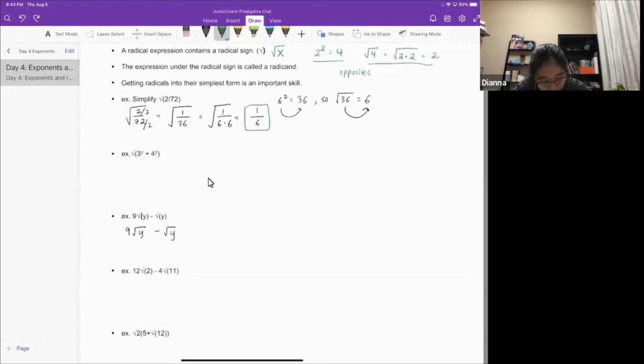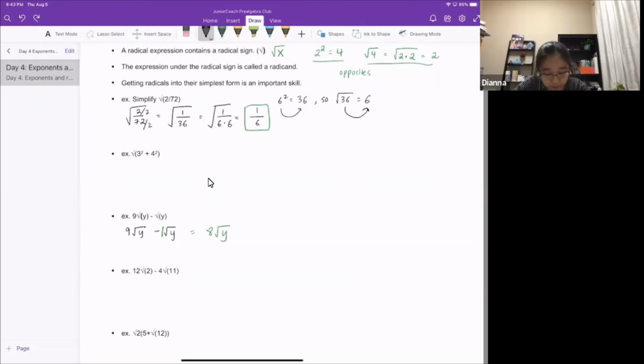I'm going to write this in green. So 9 minus 1 is going to be 8, right? And if I'm treating the square root of y as a variable, it stays the same. Nothing happens to the square root of y. The only change is the difference between 9 and 1, which is going to be 8 square root y.